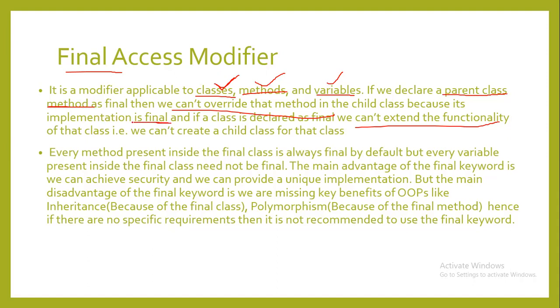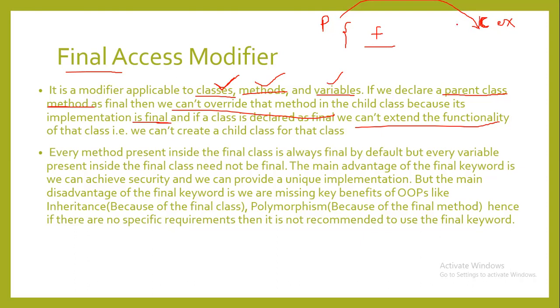So here you have a class and you're trying to inherit it within another class. Let's assume it this way. This is class P, the parent class, and it has a method which is final. Then we have a child class, which extends this parent class.